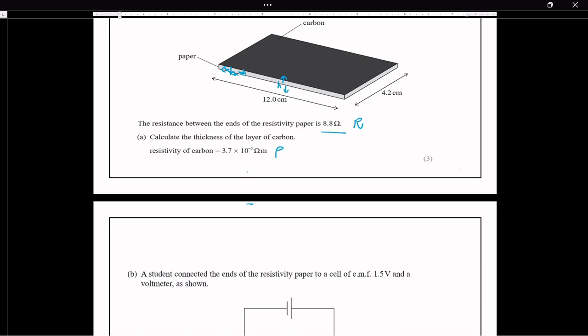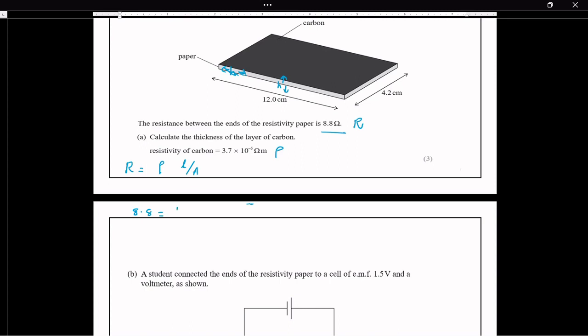Here we know the relation between resistance and resistivity: resistance is rho L over A. This is the relation we are using. It says that there is a resistance of 8.8. So 8.8 equals rho times the length. What is the length?